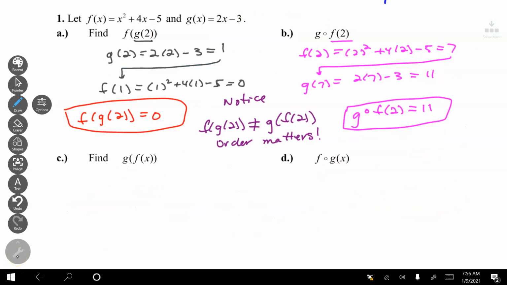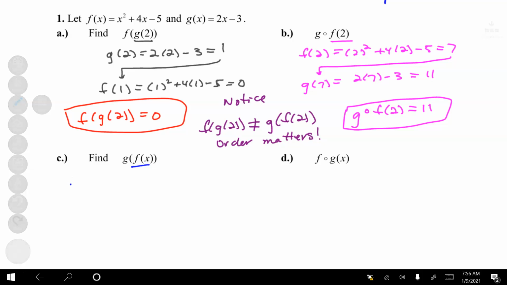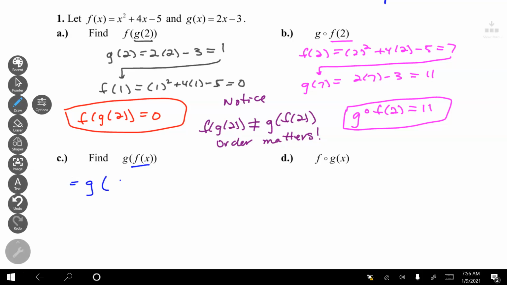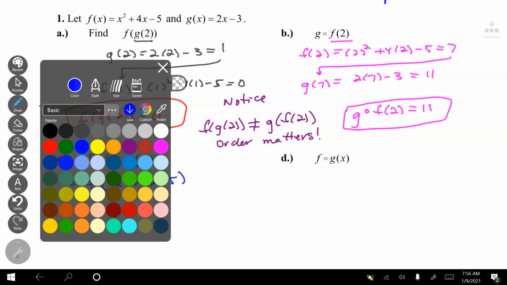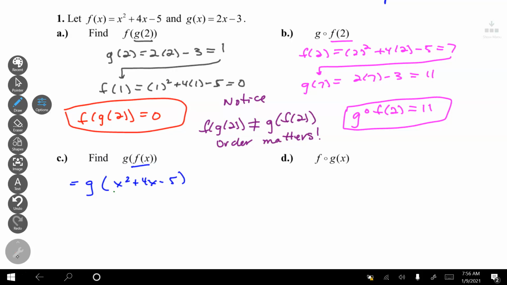Now we're going to use variable x as our input, so I have to do that first. So this becomes g, f is just x squared plus 4x minus 5, and this whole thing that I'm underlining becomes the input into the g function. So that's 2 times my input of x squared plus 4x minus 5 minus 3.